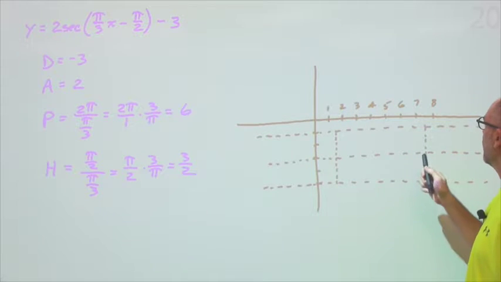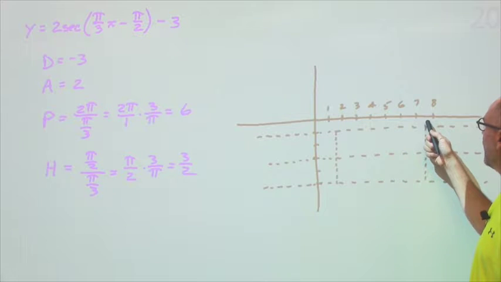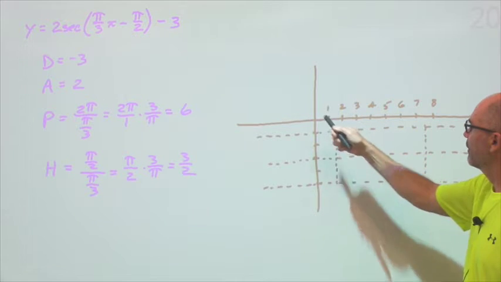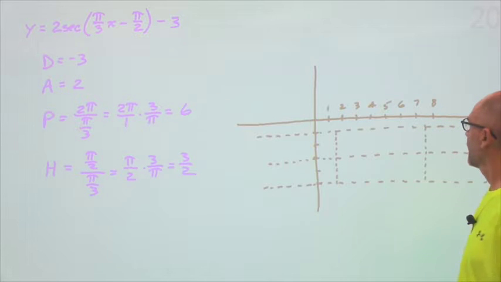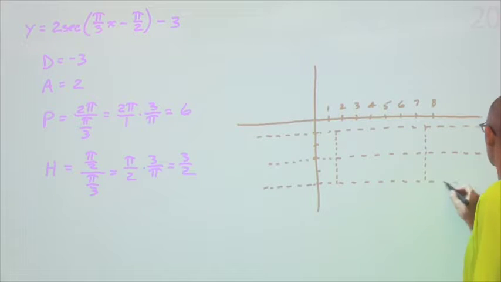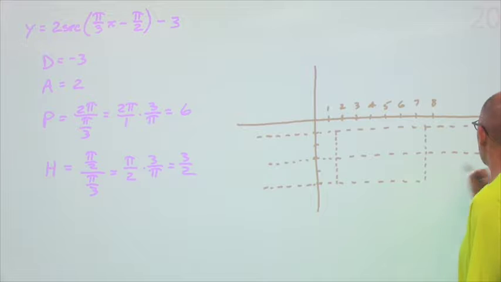And notice 7.5 minus 1.5 is 6. Okay, so here's our box. Now, we could trim it up a little bit if we want to, so let's just get rid of the excess.